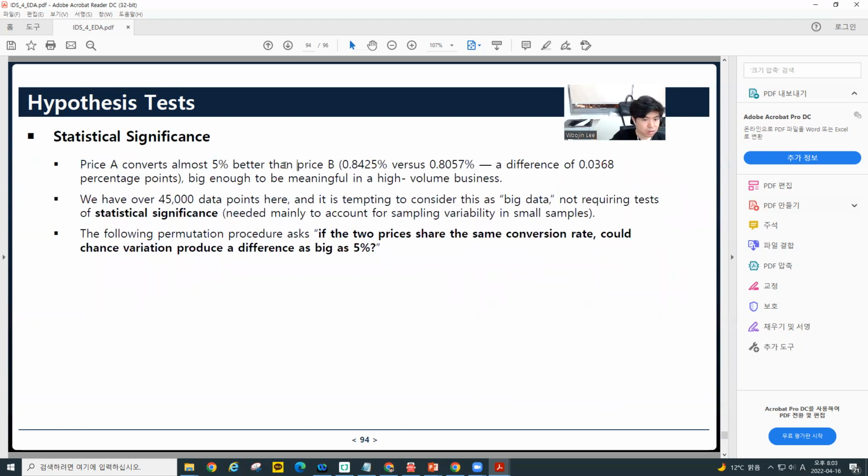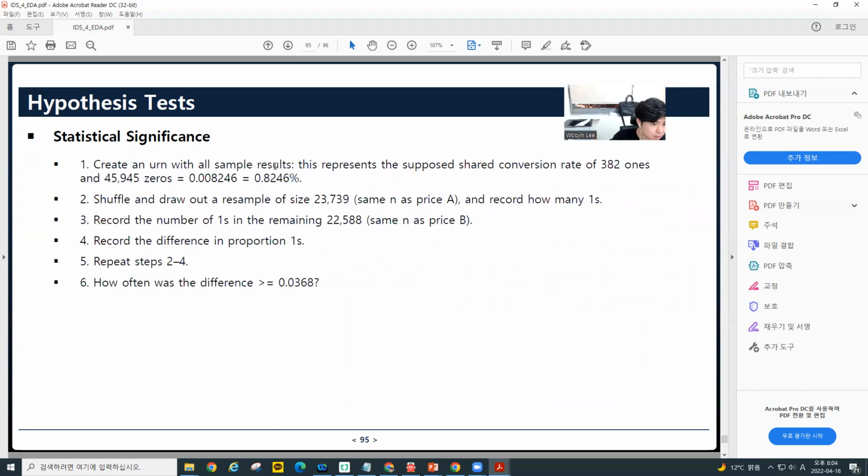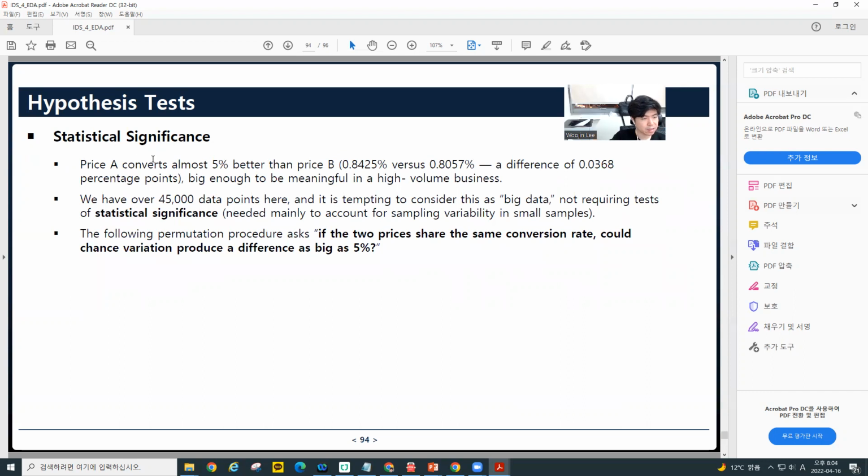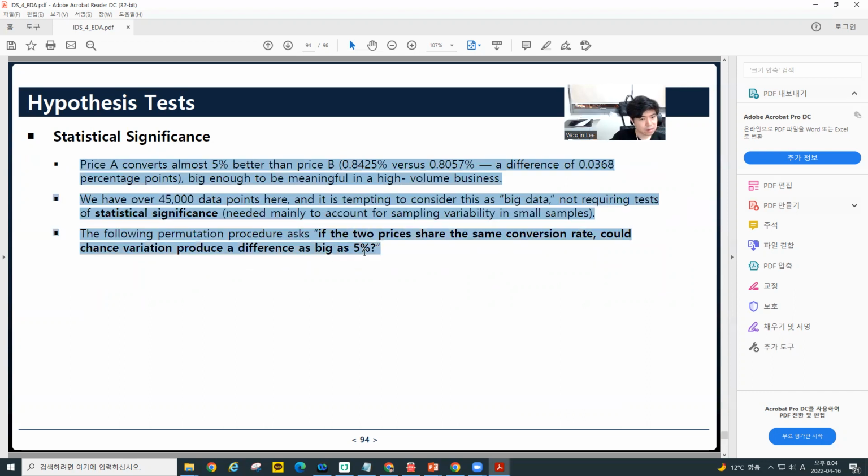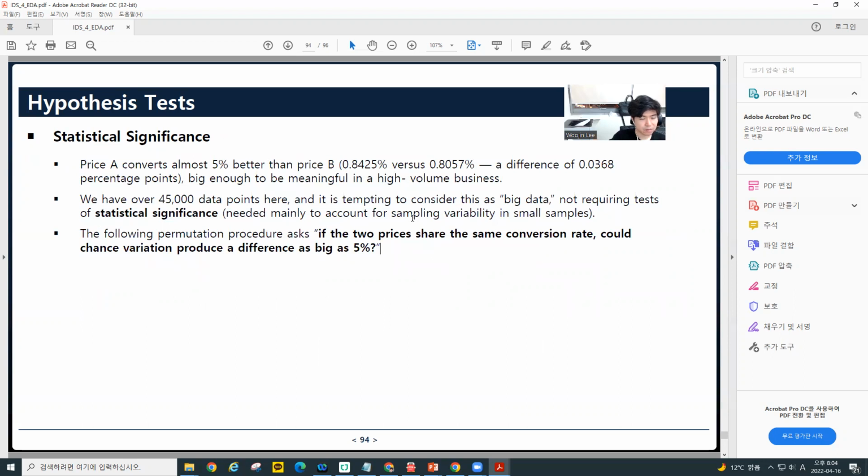And there's another example, with data on the conversion rate of the web data. In this data, we found that one is better than the other, by 5%.